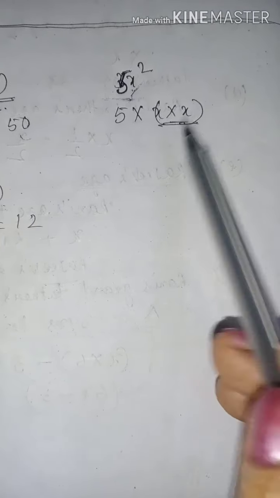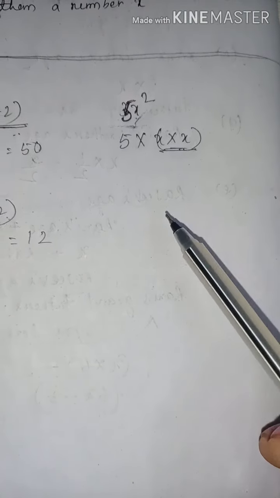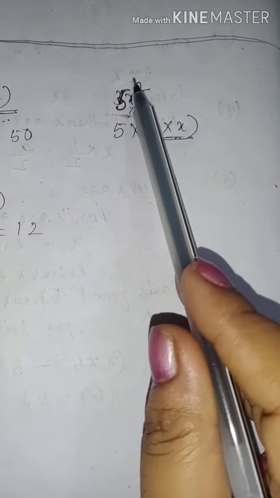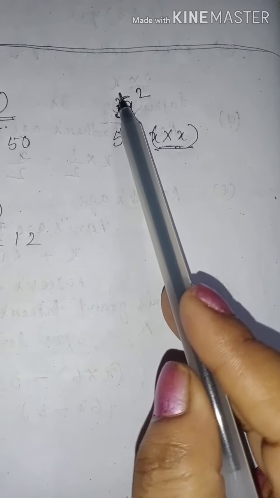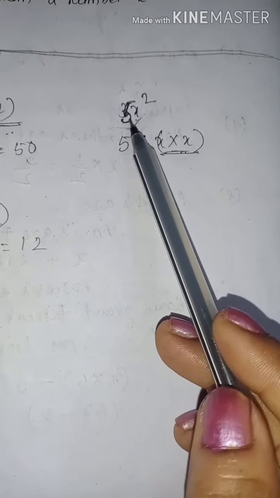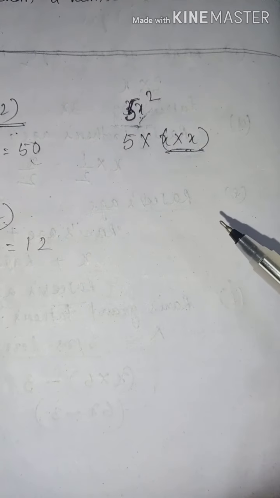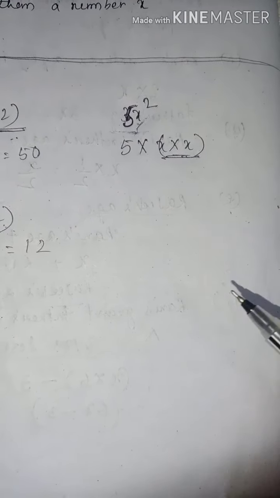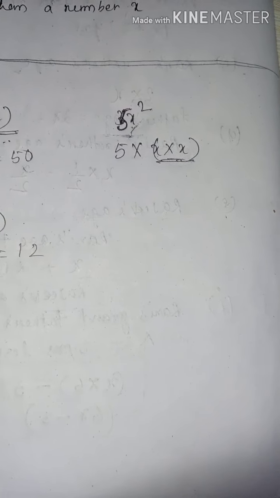So in this form, how will you calculate? In this type of question, if it is a monomial, or an algebraic expression with some polynomials, in those cases the variables are replaced by the given value, and you have to calculate the answer of that expression.